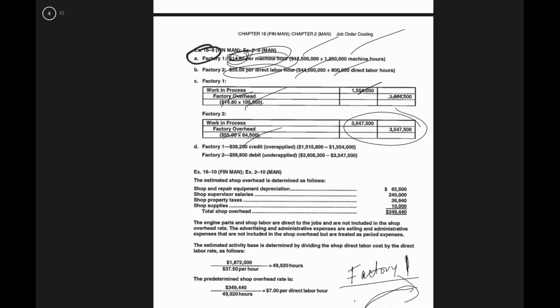The actual that went in was 1,515,800. So that's actual. What we applied was slightly more. So in factory 1, if you notice here, we over applied, because this is greater than what we put in, and that's fine.